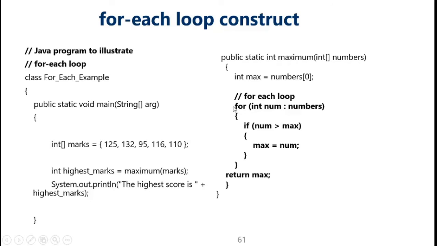So we can use the for each loop construct for finding the maximum of some values from the array. So what is the use of this for each loop construct? Whenever you want to iterate over an array or collection, then you can use this for each loop construct.